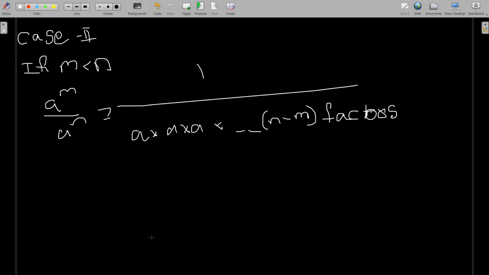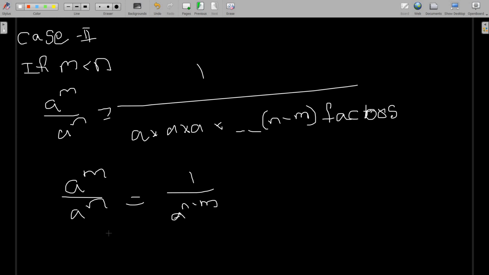We can write it like this also: a power m by a power n equals 1 by a power n minus m.